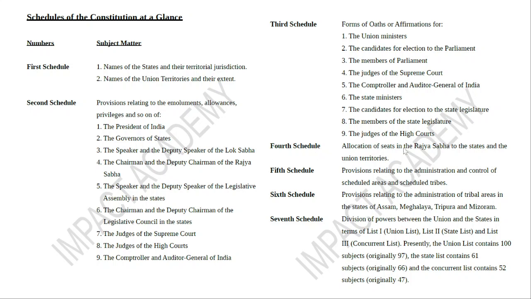The allocation of seats in the Rajya Sabha to the states and the union territories is governed by the fourth schedule. So as per the fourth schedule, the allocation takes place, and not all are equal. Some large states like Rajasthan, Uttar Pradesh might get more seats. Smaller states like Sikkim, Goa, etc., might get fewer seats. So the principle of equality is not there, and division of powers is clearly there, union list, state list, etc.